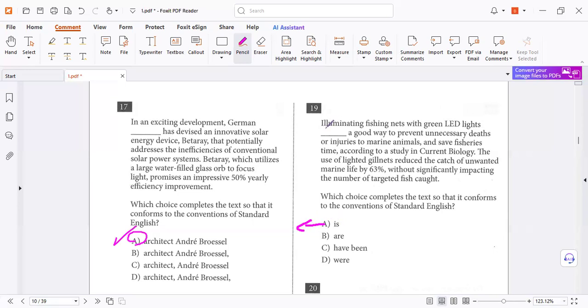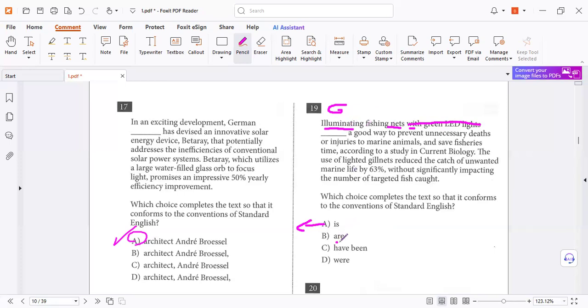Yeah, we have a trap here. It's a gerund subject. There's a trap. Sometimes you don't focus on the gerund, you focus on the noun. Illuminating fishing nets with green LED lights. If you delete the prepositional phrase, you will find your subject here. But the problem is the gerund subject.